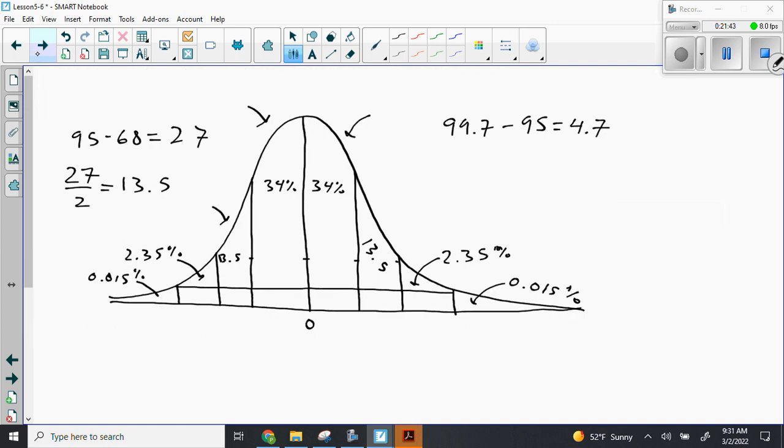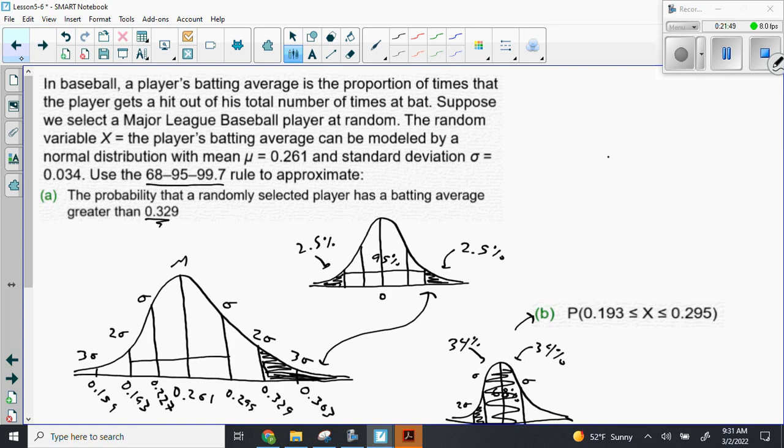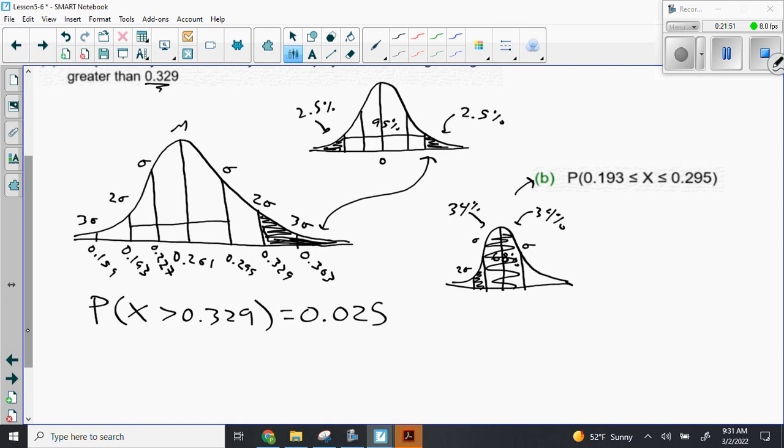And we said that that last area was 13.5. So this one is 13.5. We'll add them. 68 plus 13.5 is 81.5. Or we could say that the probability is equal to 0.81.